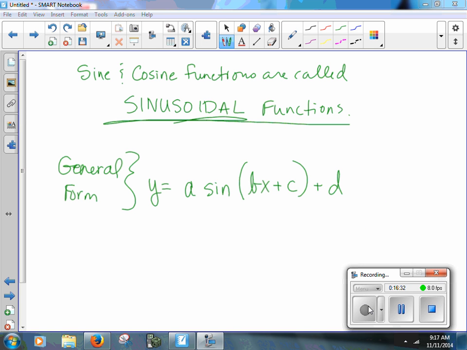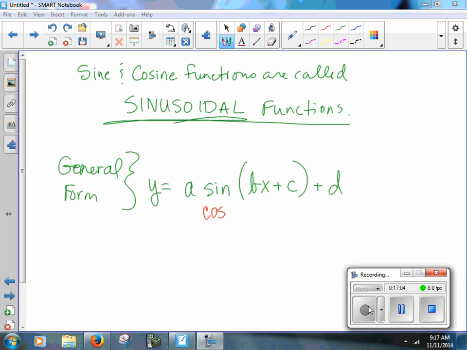Look at this general form. Folks, it's sine or cosine, either one. The form doesn't change. Either one, it's going to be A, the function, times the quantity bx plus c, plus d on the outside. Does that kind of sort of look familiar? It is in alphabetical order. That's for a reason. What's it kind of look like? It kind of does look like the mx plus b stuff, doesn't it?